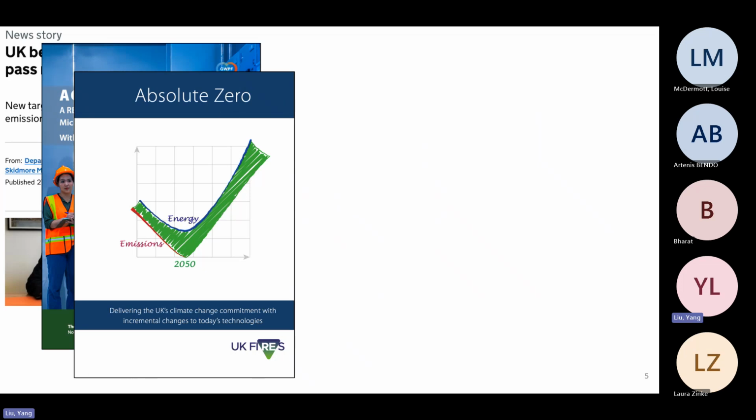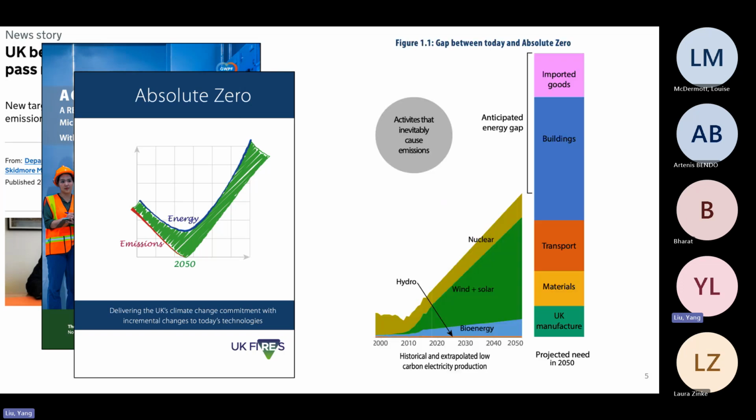The FIRES report points out that if we eliminate other energy sources, use just green energy, and assume an incremental increase of the technology, we are not going to get what we want, which is the total energy supply in 2050.